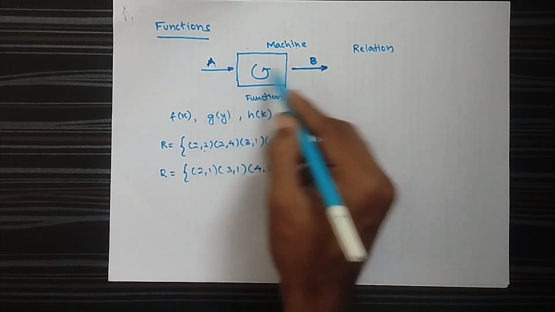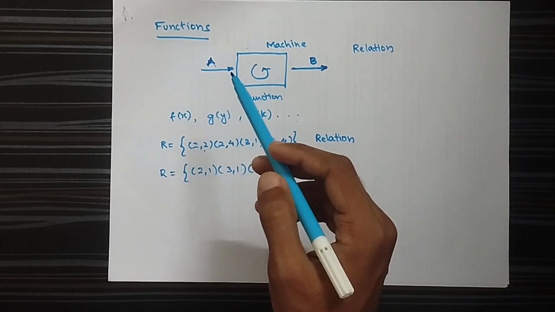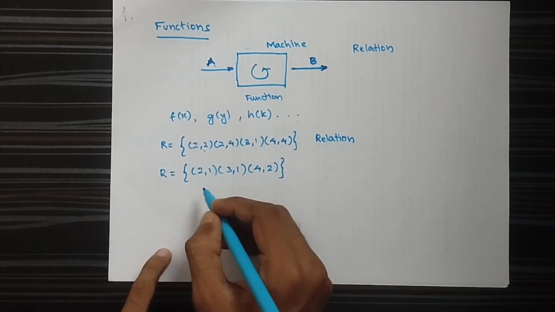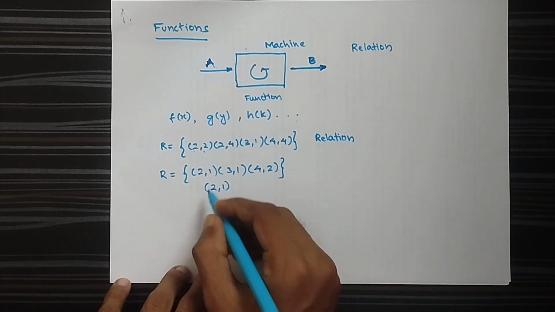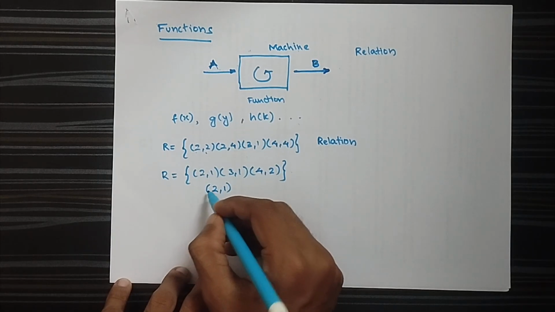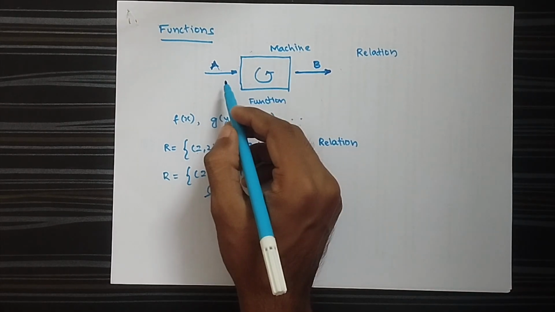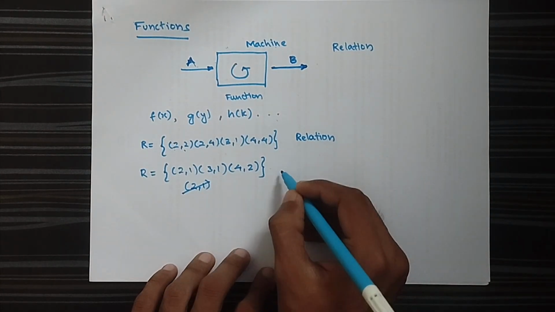If we give 4 as input, we get 2 as output. So we can see giving unique inputs gives unique outputs. Even if we put 2 the second time, we'll get 1 as output. But there's no repetition in sets, so we don't write the pair the second time. So even if you put 2 again, 1 is still the same output. Such relations are called functions.